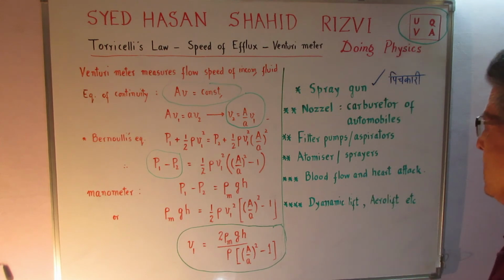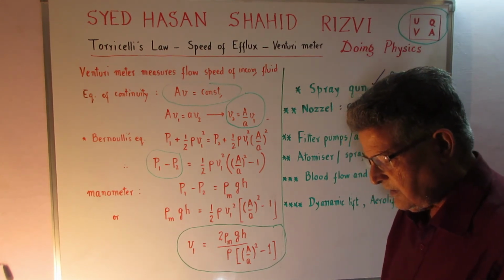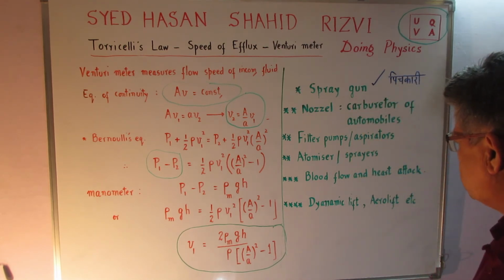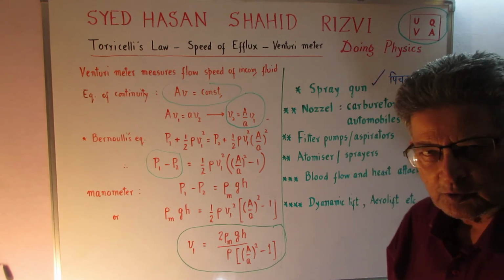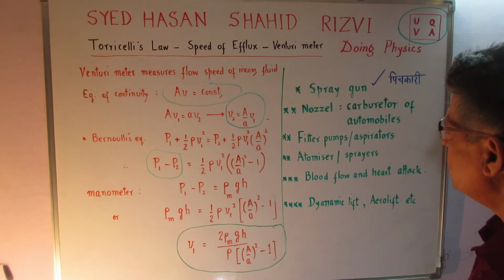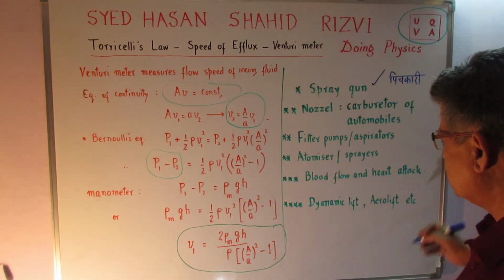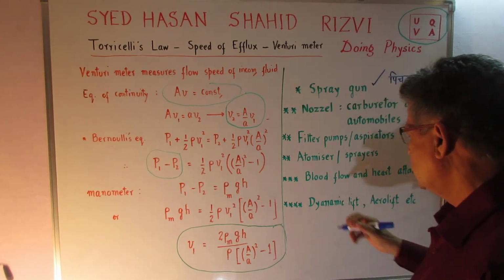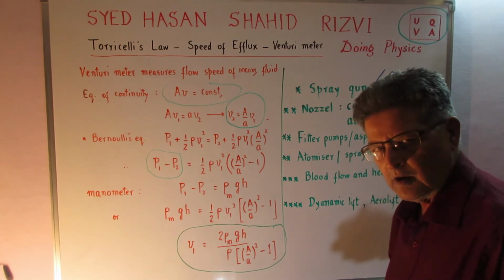The blood flow in normal arteries and in choked arteries, which may result in a heart attack, that you must read carefully this time. And then with the same set of principles, we can explain the dynamic lift or the aero lift, etc.